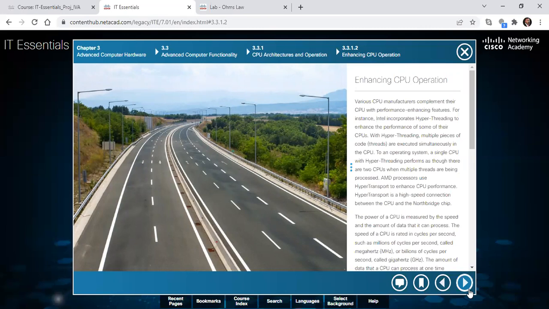How does it operate? Various CPU manufacturers complement their CPU with performance enhancing features. For instance, in their listing, Intel incorporates what we call hyperthreading. Hyperthreading is to enhance the performance of some of their CPUs.